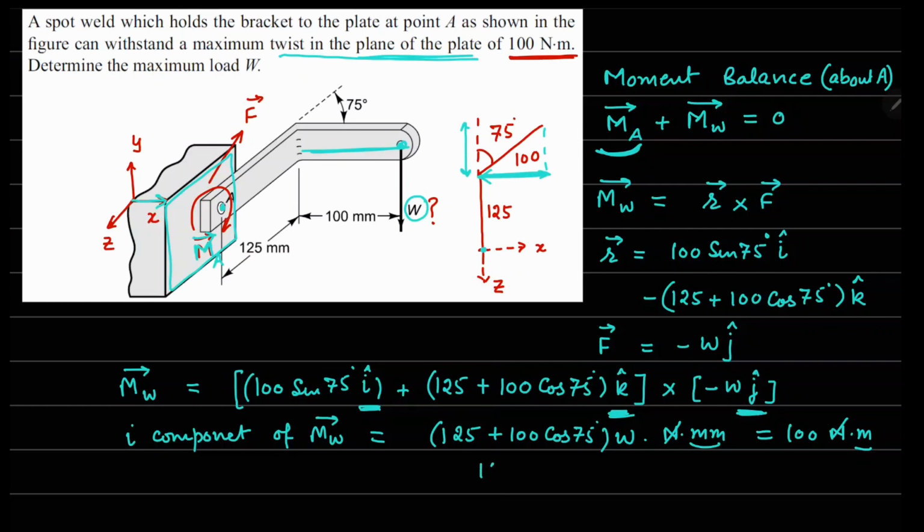This calculation here is going to be 158.9 millimeters, and so if you do this calculation, your W comes out to be 662.8 newtons, and that's the final answer for this problem.